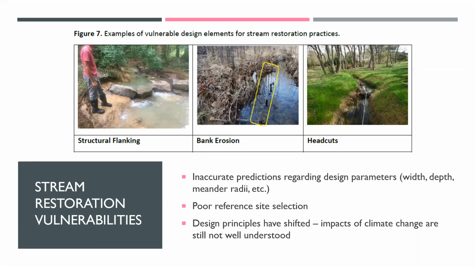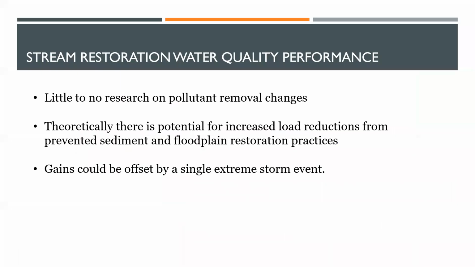There has not been a lot of work at this point to study the implications for stream restoration. Because they are so heavily relied upon for TMDL reductions across the watershed, both for nutrients and sediments, we do need to better understand the water quality performance impacts. There's almost no research on those changes.